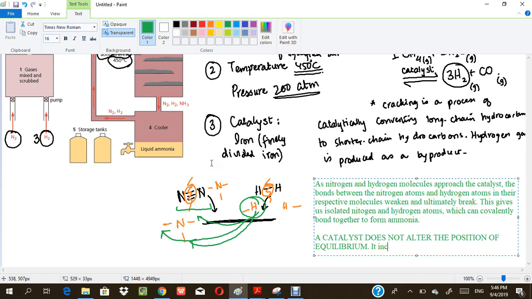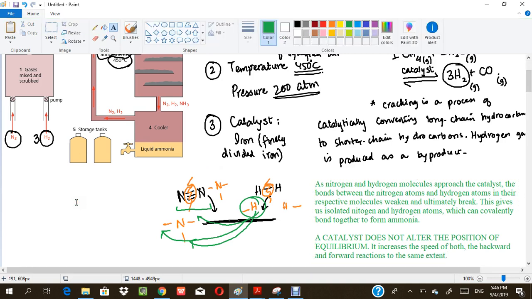It increases the speed of both the backward and forward reactions to the same extent. Right, so this is how a catalyst works. There's some more detail that you'll study about in A levels, but at your level, this is more than enough.